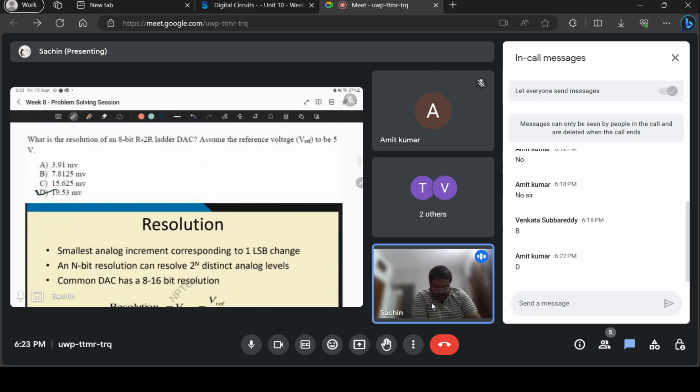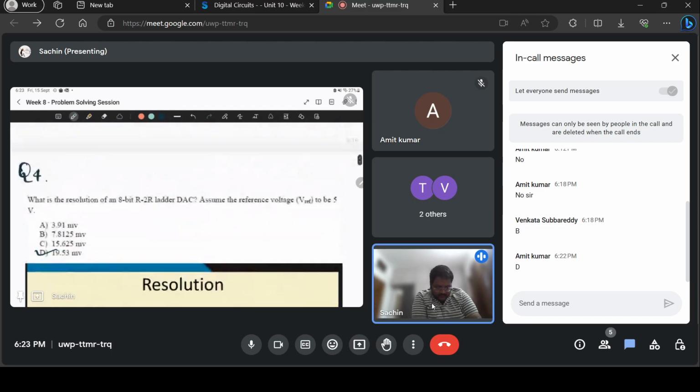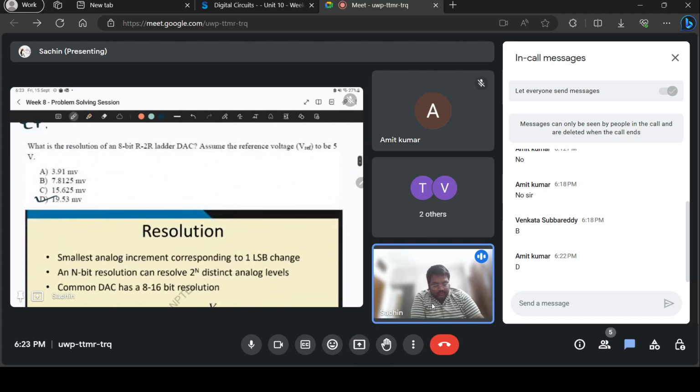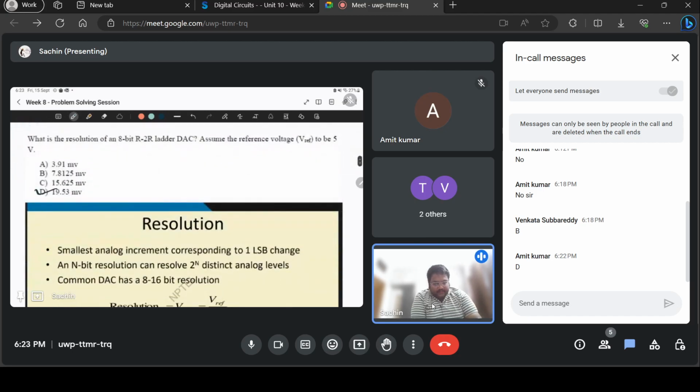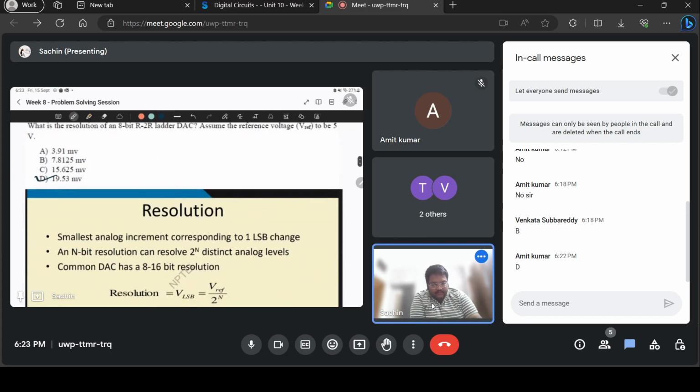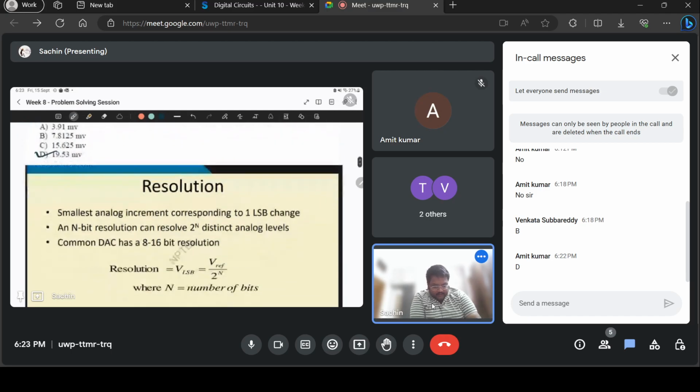Okay. The thing you have to notice here is there's no difference between a common DAC and an R2R ladder DAC when it comes to the resolution. In fact, the resolution just means the smallest difference that you can detect.